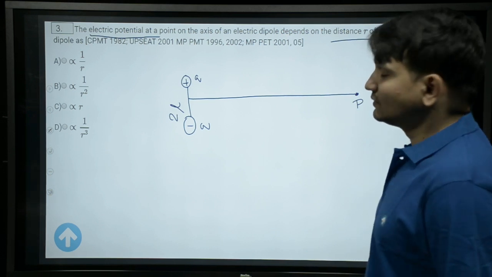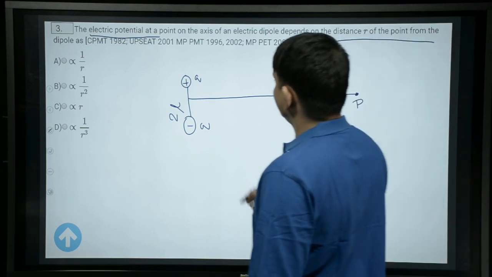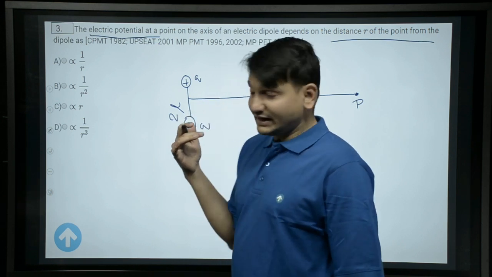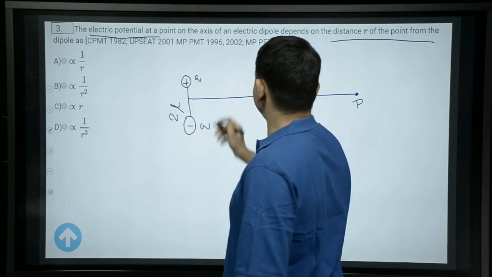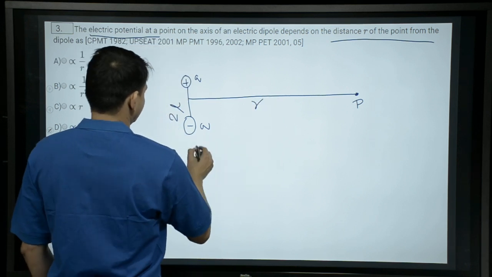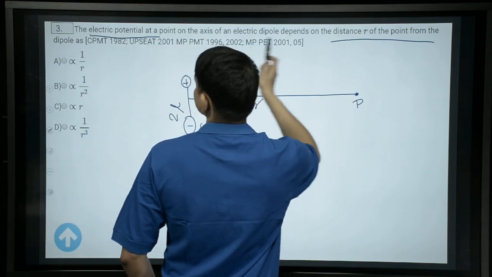So what would that be? Let's say the electric potential by this would be, say this is R, and the orientation distance from the dipole.